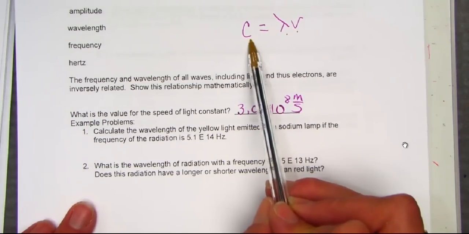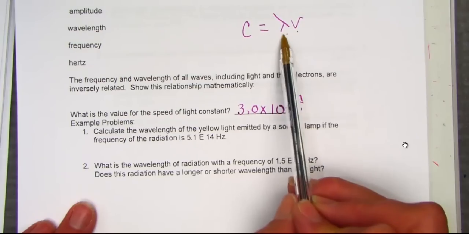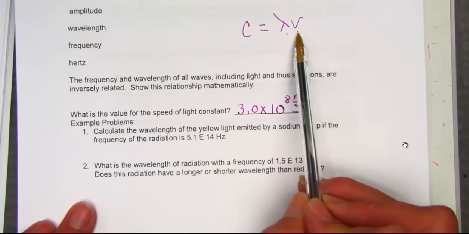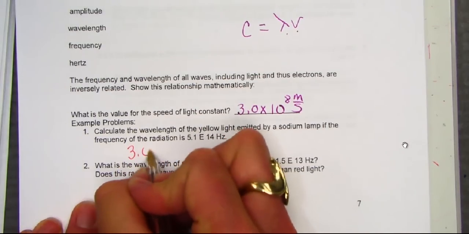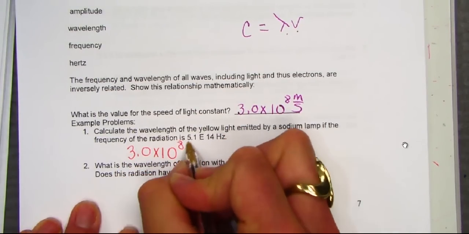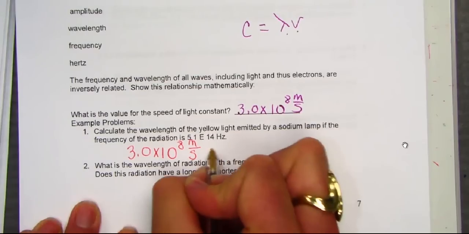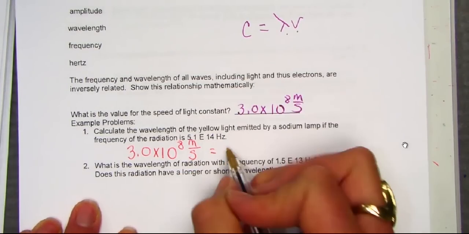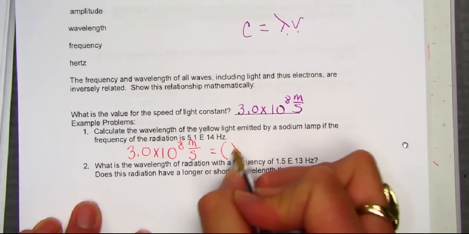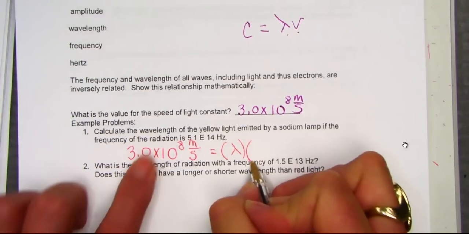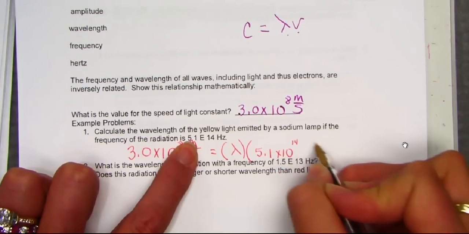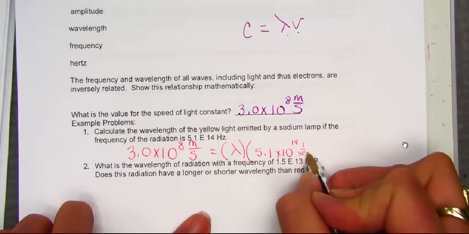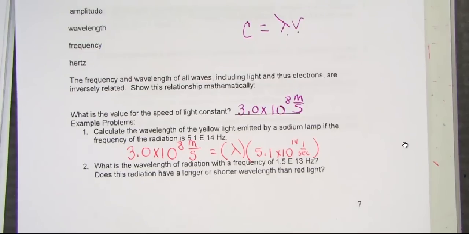The constant equals what we're looking for, wavelength, given the frequency of 5.1 times 10 to the 14th. 3.0 times 10 to the 8th meters per second, our speed of light constant. We're looking for wavelength when frequency is given as 5.1 times 10 to the 14th hertz, which I'll just remind us is a per second.